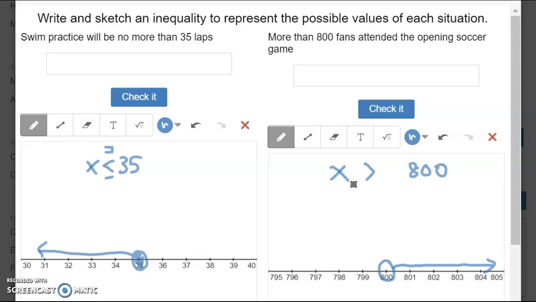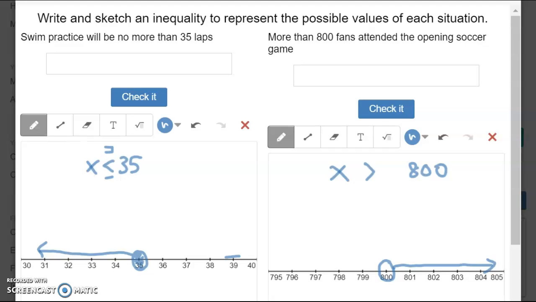Likewise here, that means the swim practice could be like 33 laps or 31 laps or even 34.5 laps or even 35 laps. However, it will not be 35.5 laps or 36 laps or 40 laps or whatever.